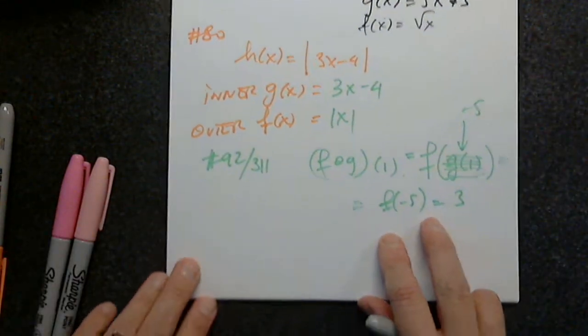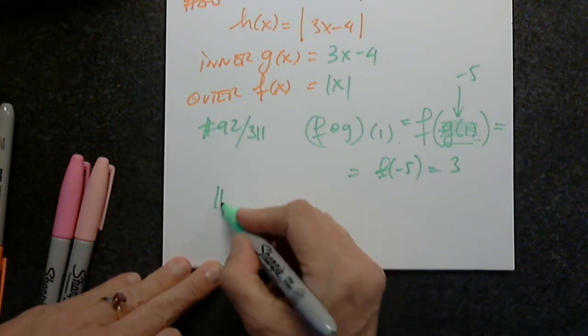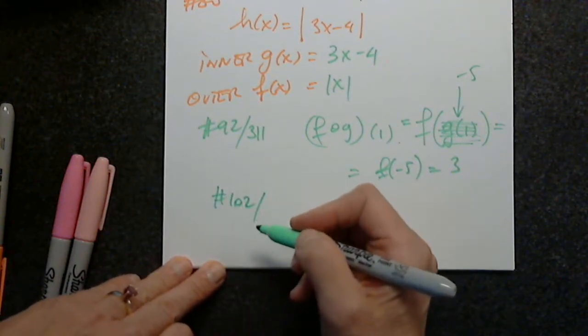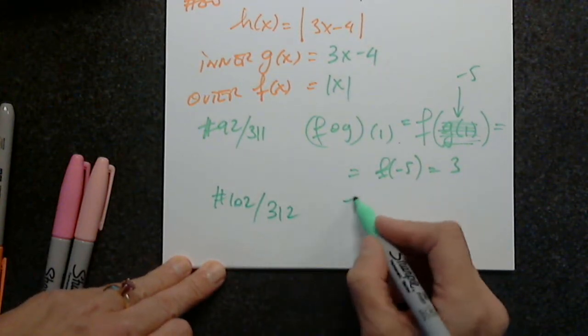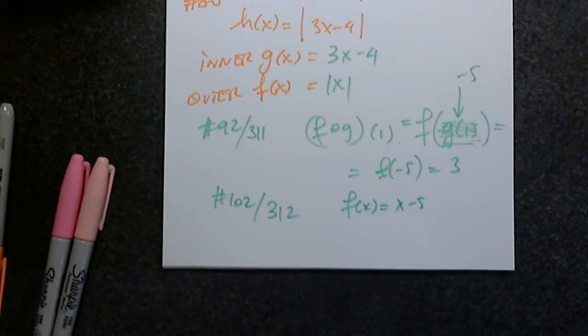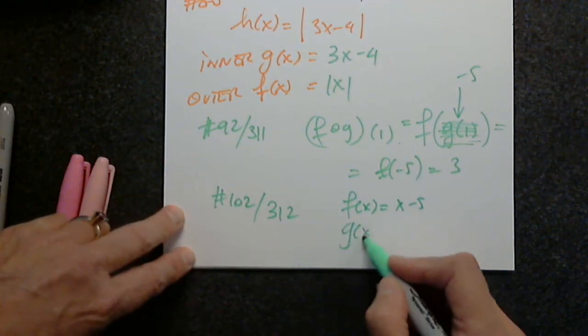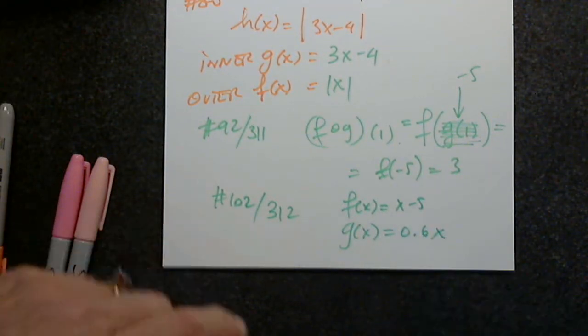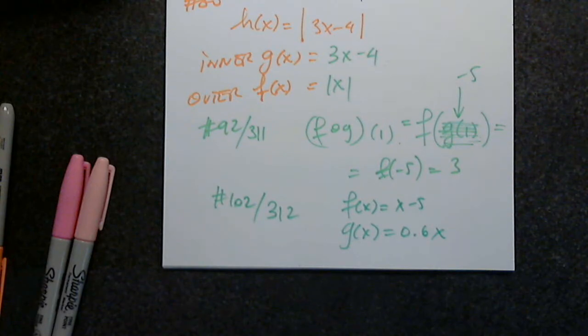So let's copy. That's 102, and the page is 312. So we have f of x, which is x minus 5, and g of x equals 0.6x. So we know that x minus 5 represents a price reduction of exactly $5.